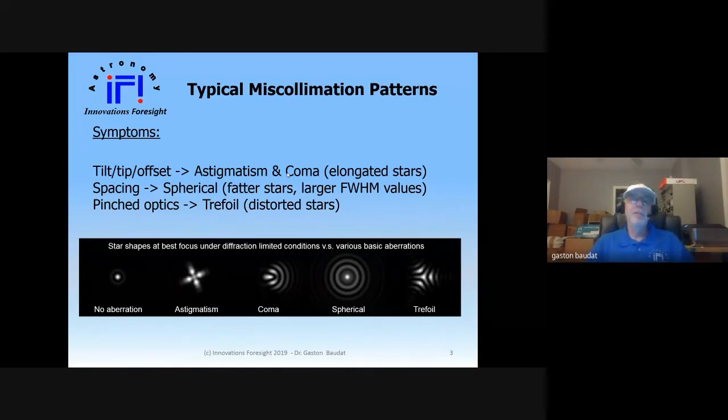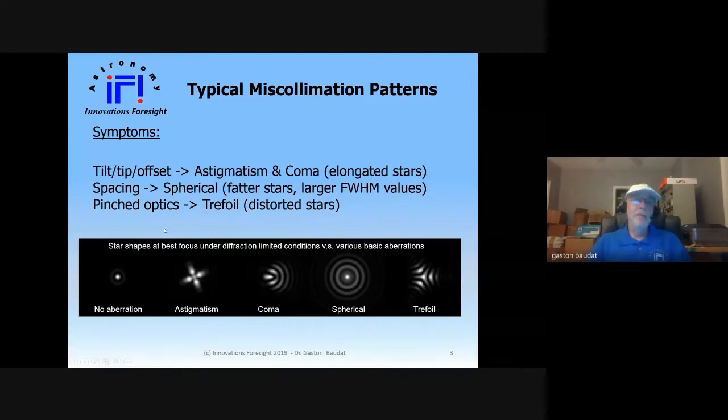When you are on axis, they shouldn't be there, and if you see some, it's probably because you have a collimation problem. Spacing between mirrors or lenses will lead to symmetrical aberration, typically spherical aberration, which translates to fatter stars, larger full width at half maximum values. And of course, astigmatism and coma will lead to elongated stars in the field.